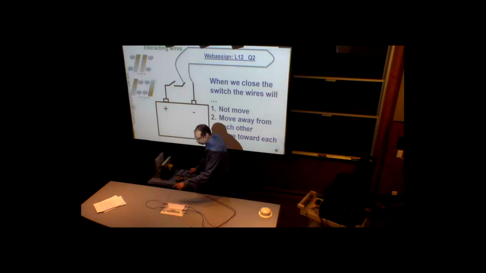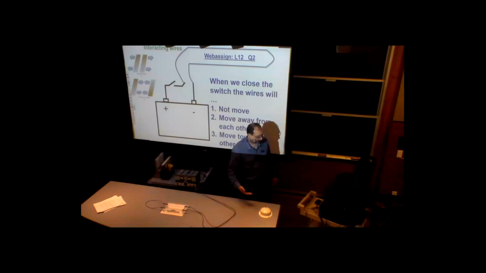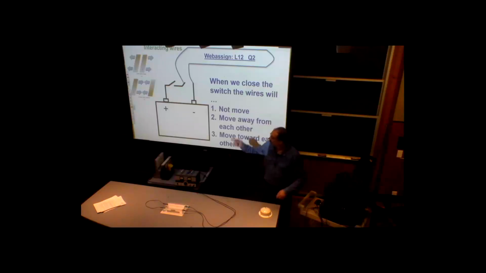An electric current should travel through, and as we know, a wire with a current basically is a model of a magnet, and as we know, magnets might repel each other or attract each other.